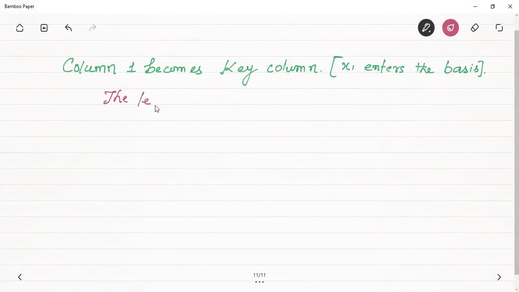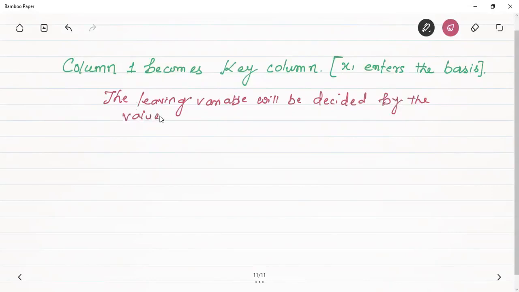The leaving variable will be decided by the value of theta.